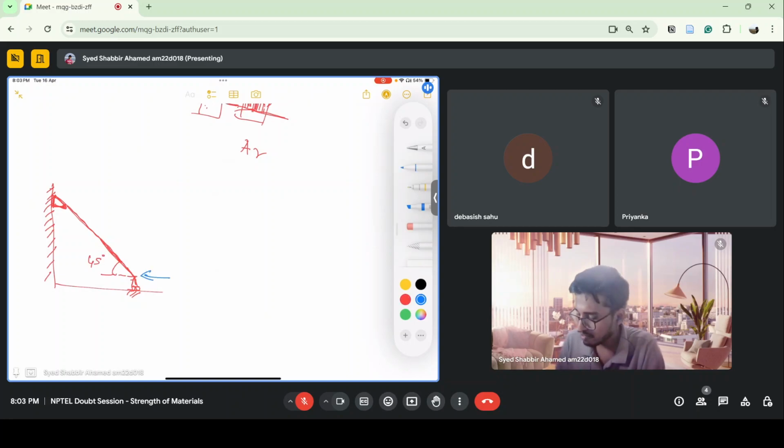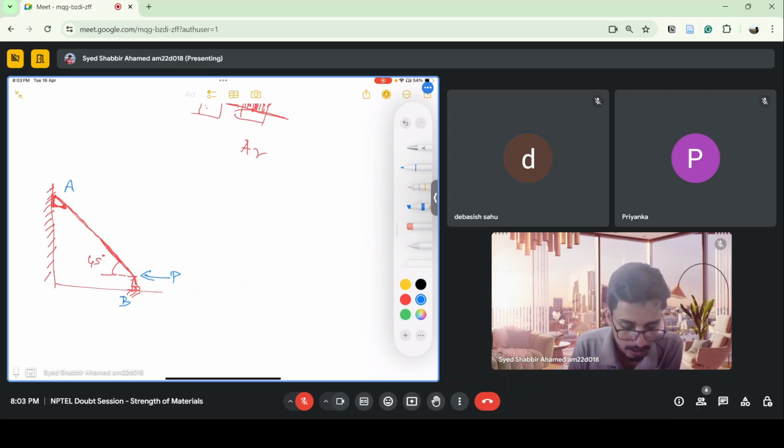If I apply a load P here, find out the expression for load P for which the strut starts buckling.